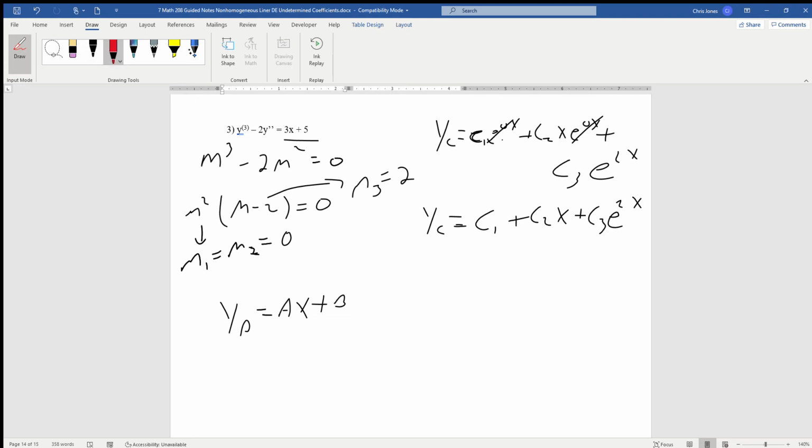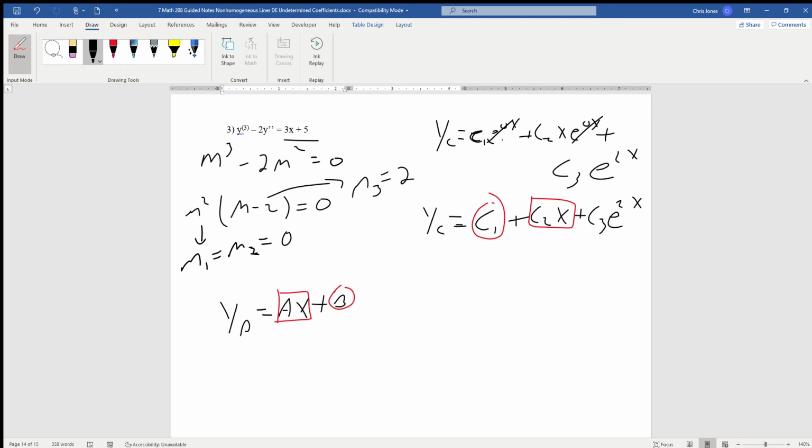Notice that c1 is a duplicate of b, and c2x is a duplicate of ax. So unfortunately, we're going to have to go up a little bit higher.